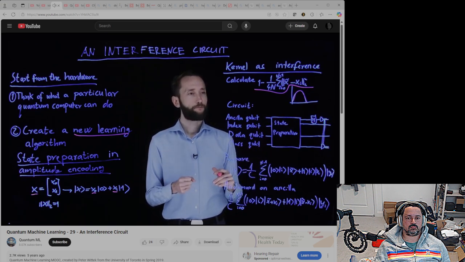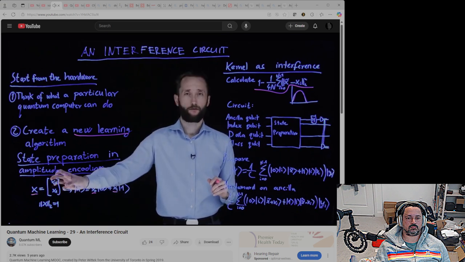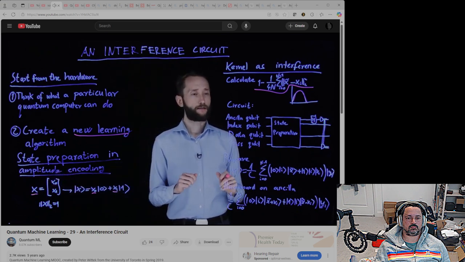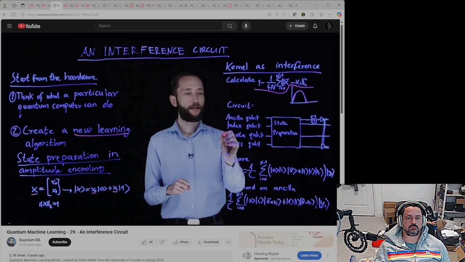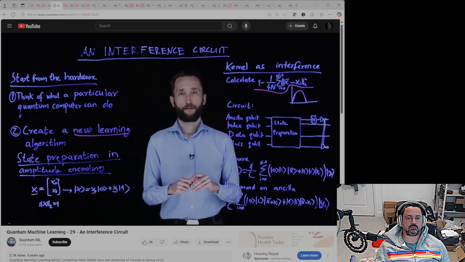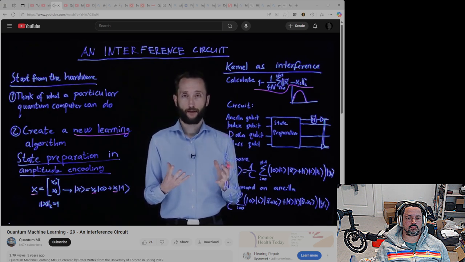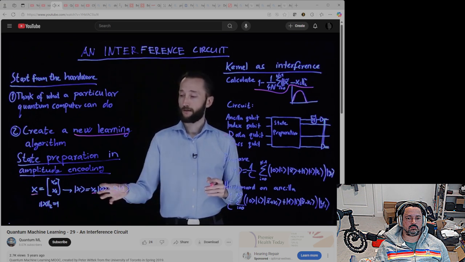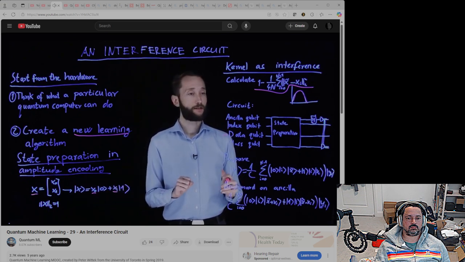So the circuit that we are going to need, assuming that our data set is only two-dimensional, is the following. We will have a data qubit. Every single data point is actually going to be encoded in this single qubit. So this superposition is going to be interesting.